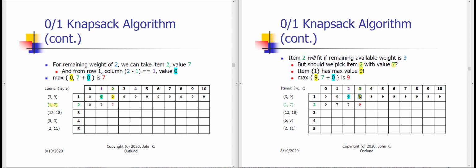All right, so 9 is what we can get by just including item 1 in our knapsack. If we include item 2 in our knapsack, then what we can get is 7 plus 0. And 7 plus 0 is only 7. So in this case, we're not including item 2. We're only including item 1, and we have a value of 9.